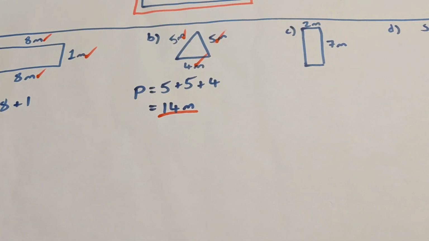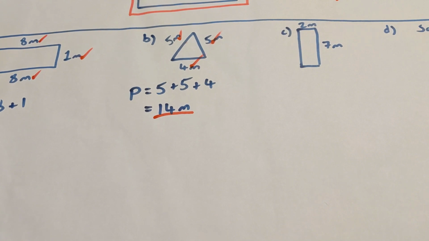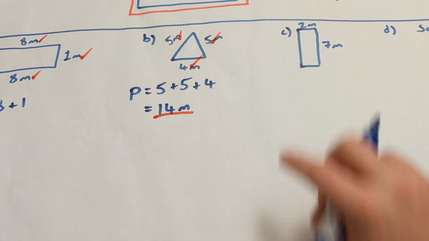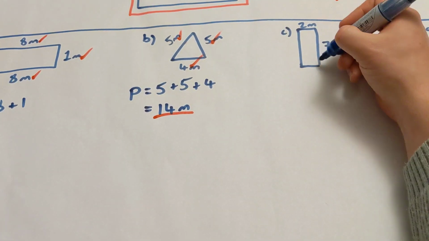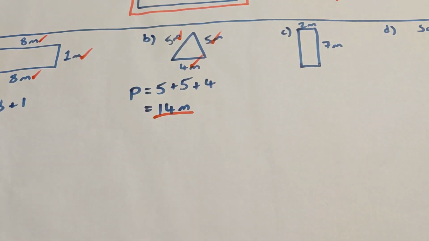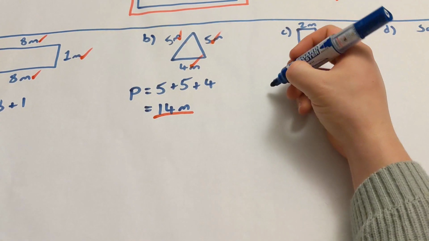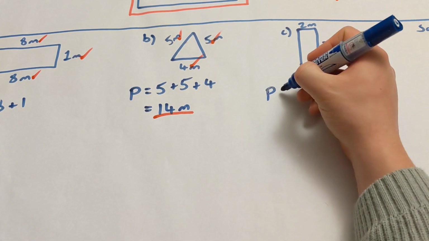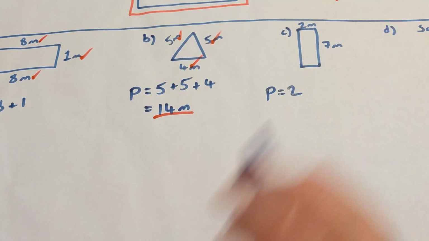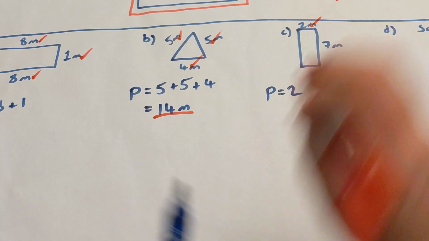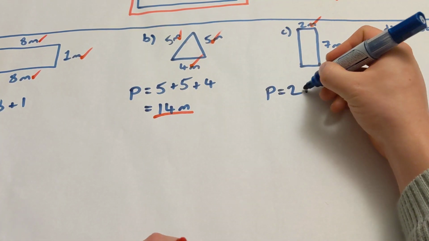Now, the next 2 are going to be a little bit trickier because we can see, looking at this now, that not all the sides are labelled, are they? Okay? But that doesn't stop us knowing what they are. Okay, so we'll start off like normal, okay? We've got a 2 meters there, then we've got a 7 meter.